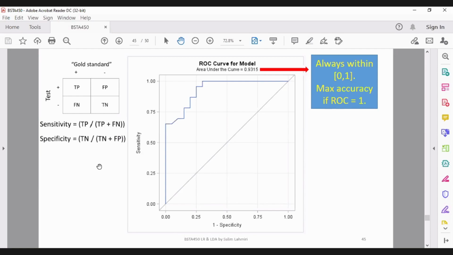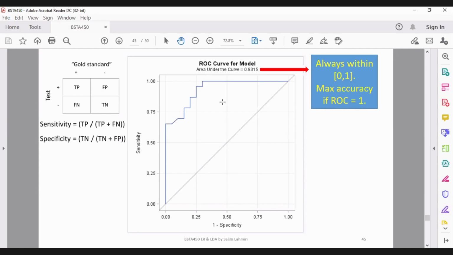A good model should have a large area under the ROC curve. The ROC curve is delimited by the diagonal line. The ROC curve area is always between 0 and 1.